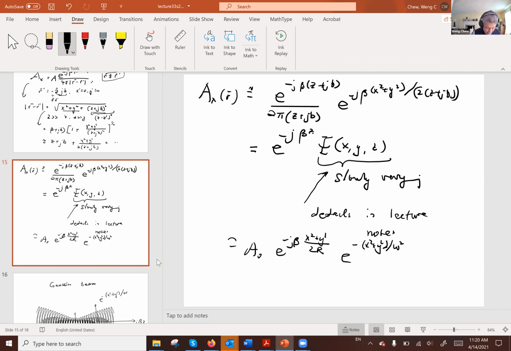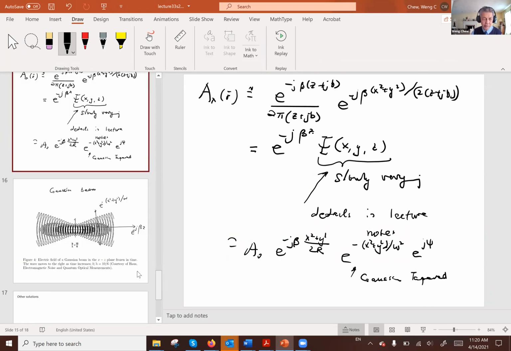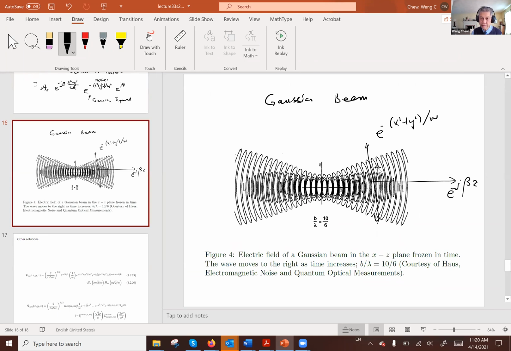This is the Gaussian part. And then it will have a phase term. This is the Gaussian taper. You can see that it is exponentially decaying in the x and the y direction. That's what you see of this beam, and that's why we call it a Gaussian beam. But the details will be given in the lecture notes. The catch of this Gaussian beam is given here. Okay, it's tapered in the x and the y direction.